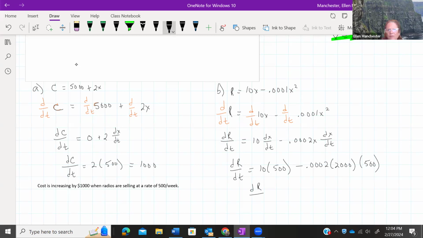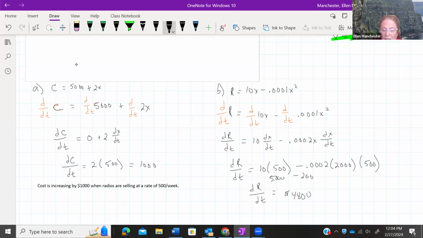Okay, so our revenue is changing. So this is 5,000 minus, I think it's 200. Yeah, so 5,000 minus 200 is 4,800.